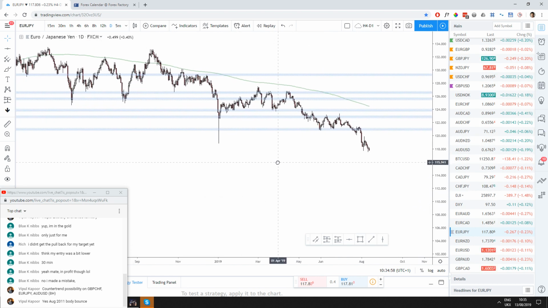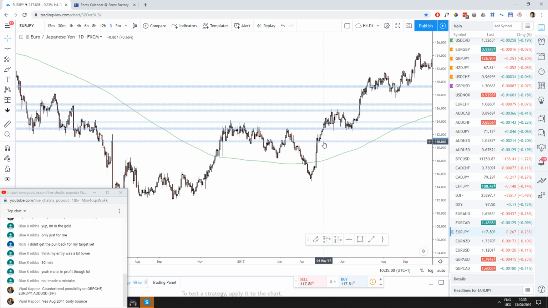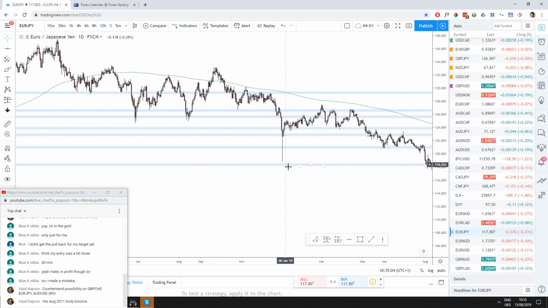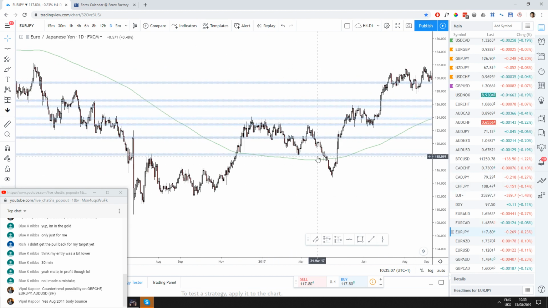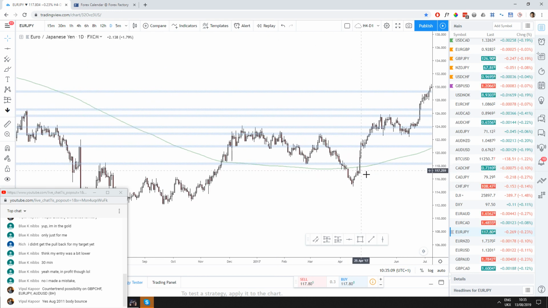This area makes a little bit more sense, but that big spike down really screwed things up in January in terms of support resistance.